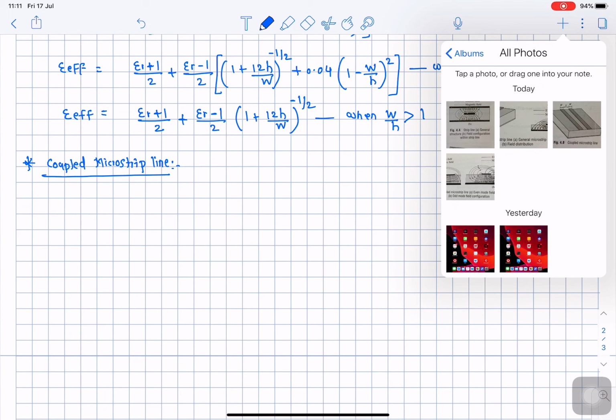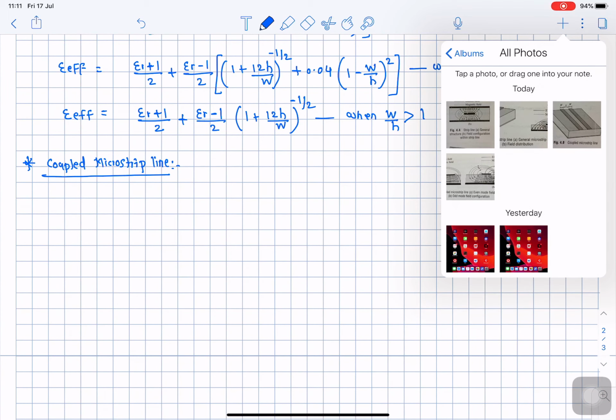The first diagram clearly shows the construction. What we observe over here is that the only difference is that we are using multiple microstrip lines. This is the first microstrip line, line 1, and this is the second line.